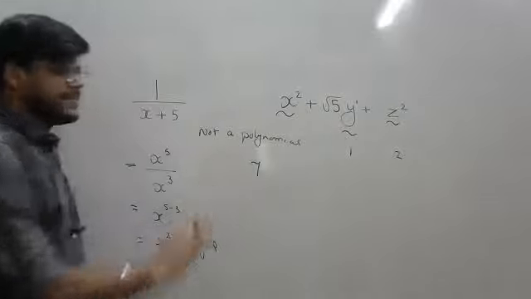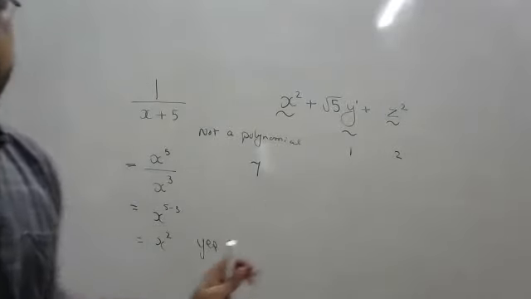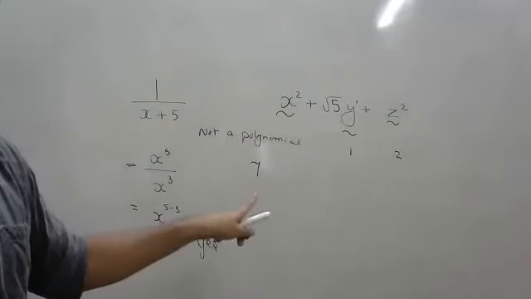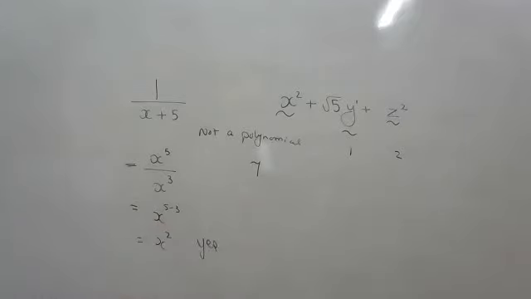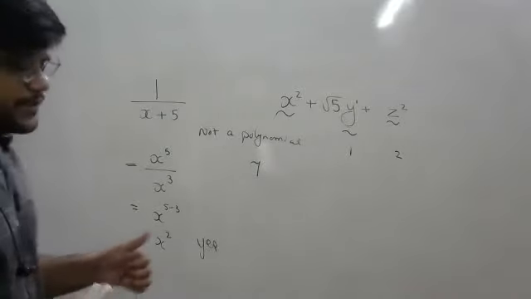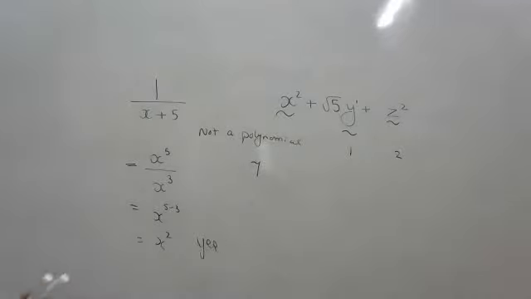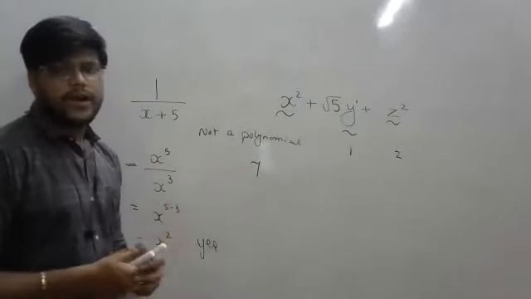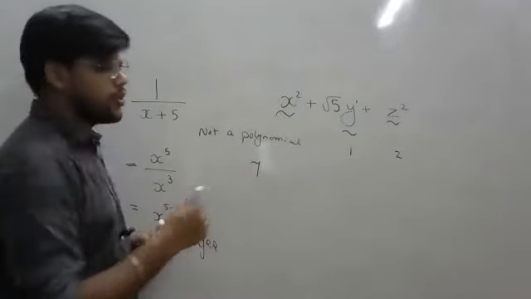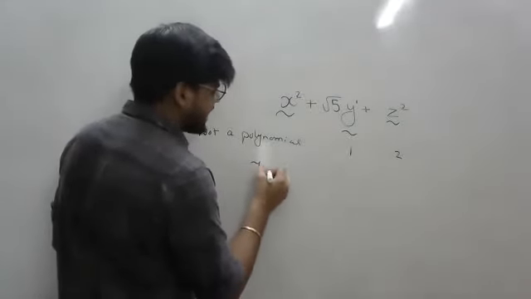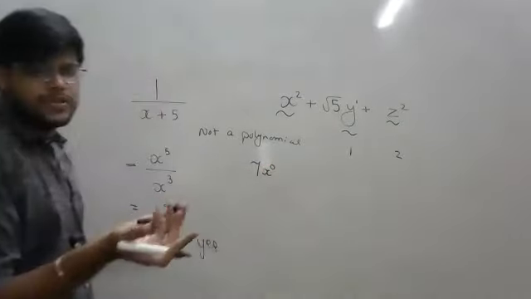So if I write just 7, let's say I have only a number 7, can I consider this to be a polynomial or not? Yes, because we can write 7 into x power 0, which is a polynomial. Exactly. This is the reason whenever you have only one number, it is also a type of polynomial, because you can have any variable with power 0.